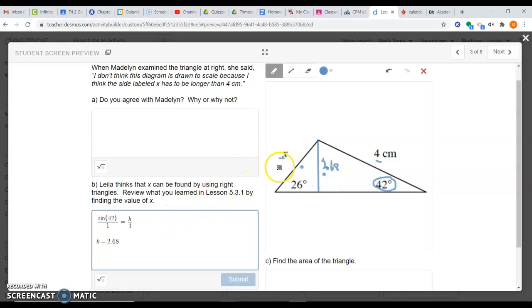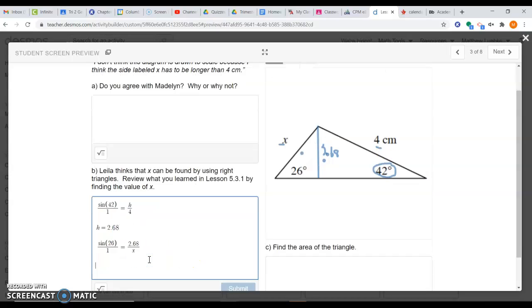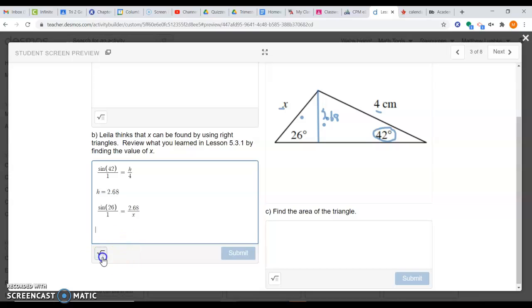Well, opposite hypotenuse tells me this is a sine problem. Since I'm using the triangle on the left and the angle 26, that is the sine of the angle 26, equaling opposite over hypotenuse, the opposite being 2.68, and the hypotenuse being X. I put that over 1, and again, I cross multiply and solve, and I believe I get an answer of 6.11, rounded, so approximately that.